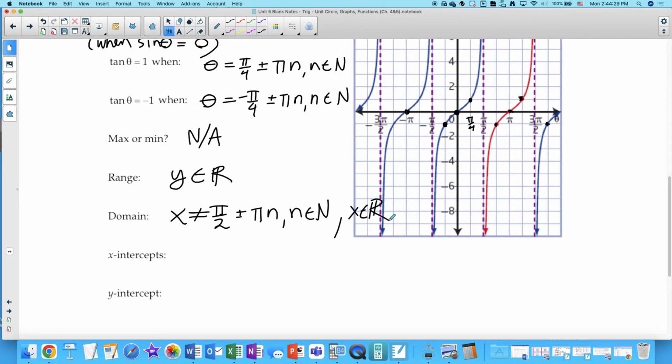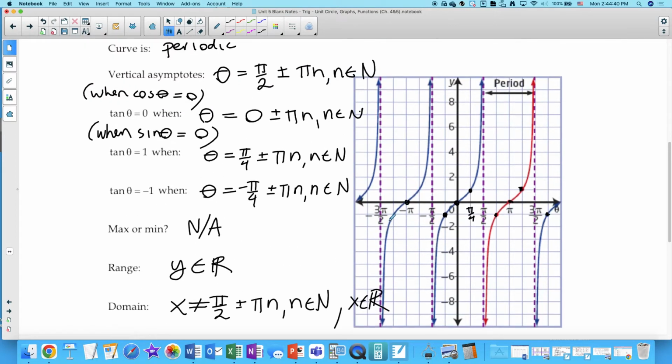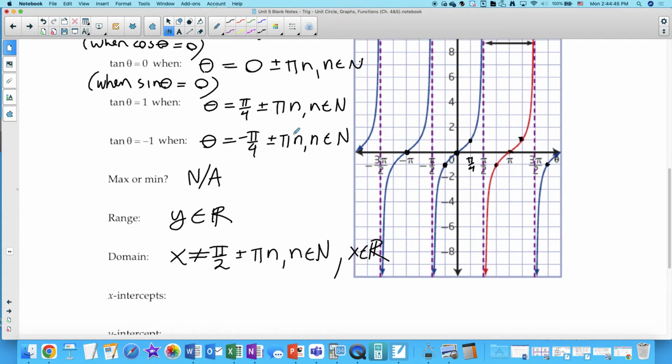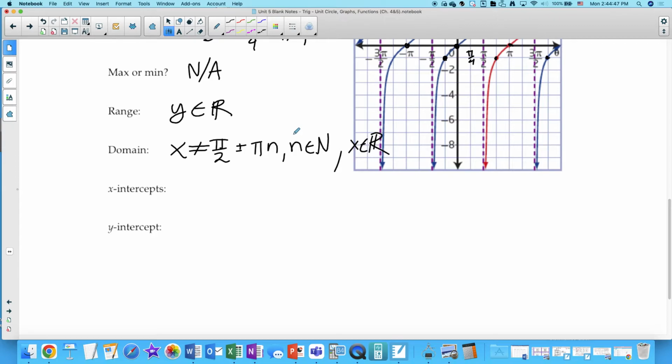Okay, the x-intercepts are here, 0 plus or minus pi n. Oh, sorry, I'm using like theta and x. Let's be consistent. I think I used theta before. I'm just going to use theta. Okay, so x-intercepts, theta-intercepts are when theta equals 0 plus or minus pi n.